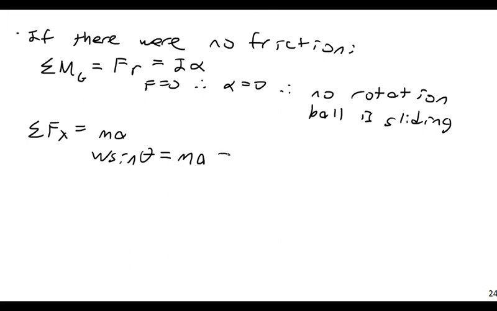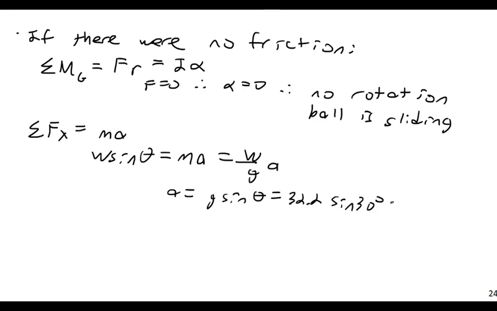And so this is then equal to W over G times A. And then A simply will be G sine theta, which is equal to 32.2 times the sine of 30 degrees, and that will come to 16.1 feet per second squared.